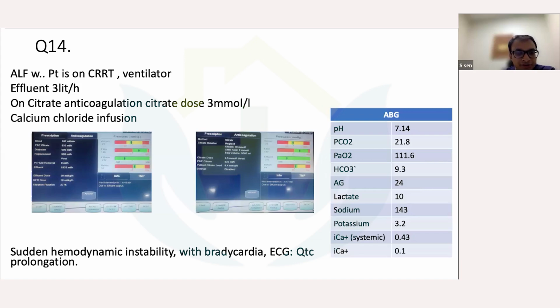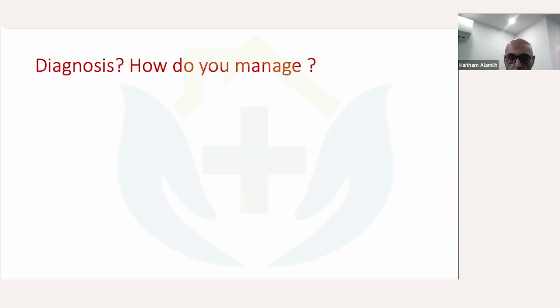The patient has suddenly become hemodynamically unstable with bradycardia and a prolonged QTc on the ECG, and the ABG has been provided: pH, PO2, PCO2, bicarbonate, anion gap, lactate, sodium, potassium, ionized calcium. What's the diagnosis and how to manage?